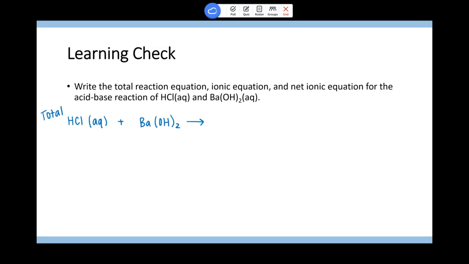So we take the cation from one and the anion from the other and pair them together. So if we do that with hydrogen, which is our cation here, and OH minus, which is the anion, then we have HOH, which is water, H2O. And then we pair the cation from the other, barium and Cl minus, and we have Ba.